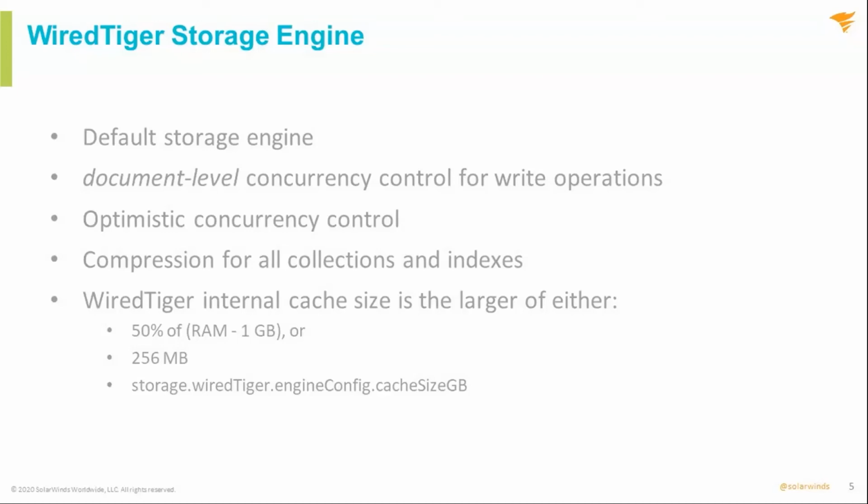Because document level concurrency control for write operations is super critical, and that is where you need more memory. This is a critical part, and I see a lot of people just missing that one. So first of all, either you should know every single configuration, or you need to depend on something else.